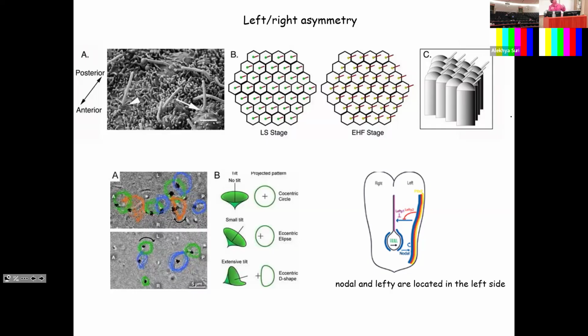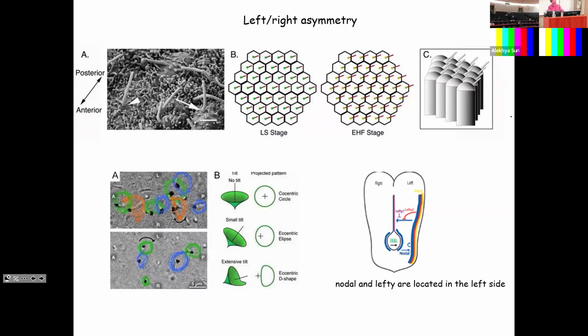That generated a gradient that goes from right to left or from left to right. And some of the factors that were produced are hanging in the fluid, and they migrated from right to left, or left to right. And those are the factors that set up the axis of asymmetry.